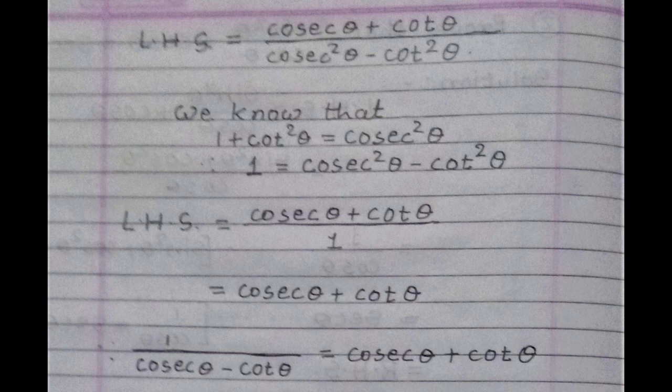So 1 plus cot square theta is equal to cosec square theta. Therefore 1 is equal to cosec square theta minus cot square theta. So again LHS becomes cosec theta plus cot theta upon 1, that is cosec theta plus cot theta. So LHS equals RHS, that is 1 upon cosec theta minus cot theta is equal to cosec theta plus cot theta.